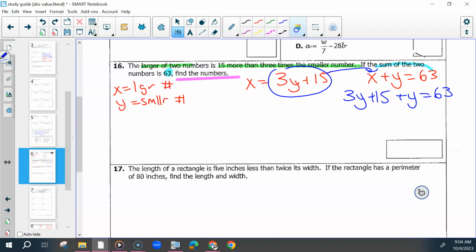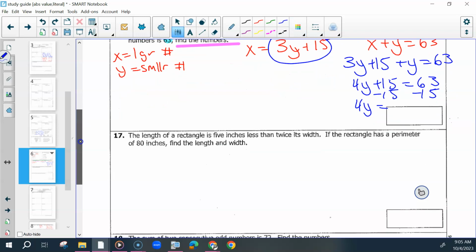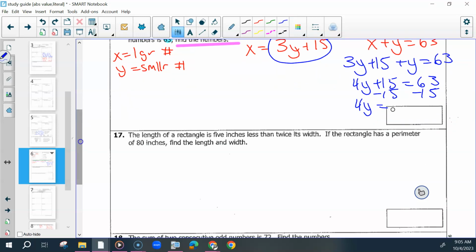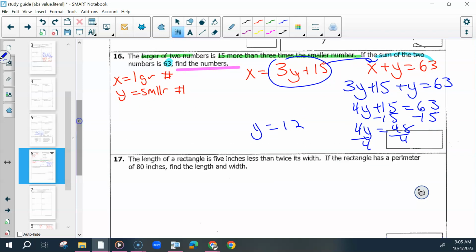So combine the terms. Get rid of 15. What is that? What number was that? In this case, your label would be units.